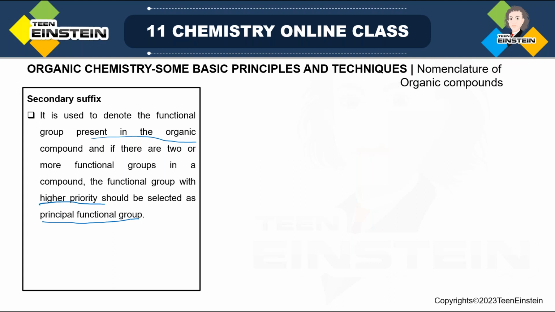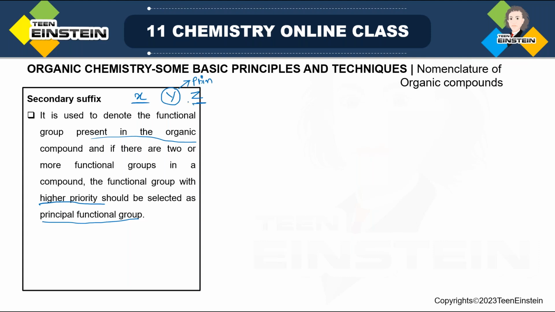Okay. And the rest of the functional groups are not principal functional groups. Suppose you have a total of 3 functional groups, and among these 3, one particular group is principal. Suppose we have X, Y, and Z. Now Y is the principal functional group. These two are not.